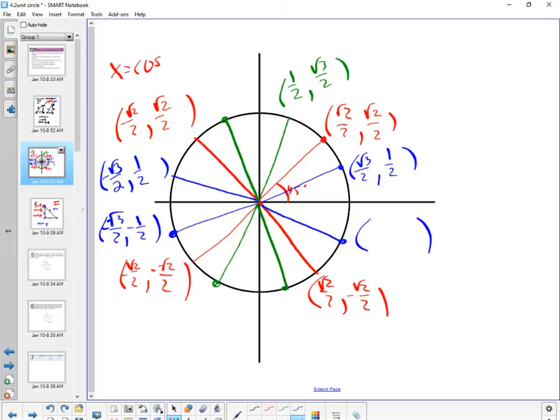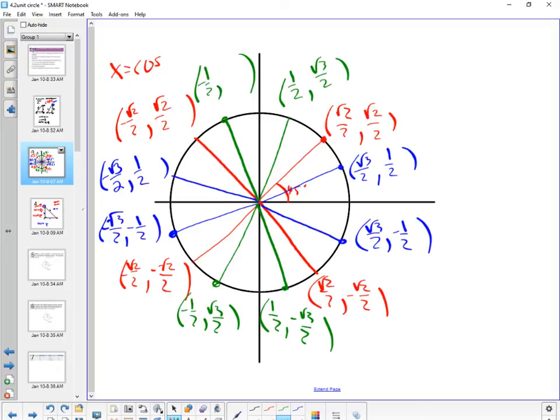We're just finishing it up. Square root of 3 over 2, comma, negative 1 half. What goes here? Negative 1 half, comma, negative square root of 3 over 2. Here. 1 half, comma, negative square root of 3 over 2. And here. Negative 1 half, comma, square root of 3 over 2.